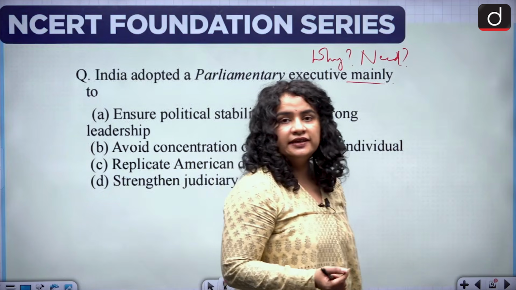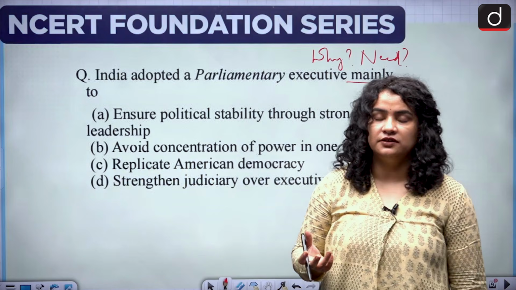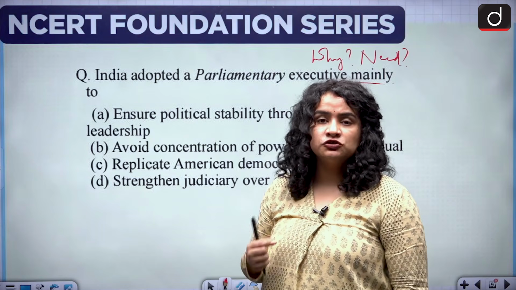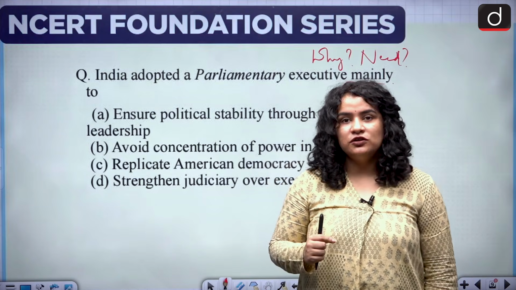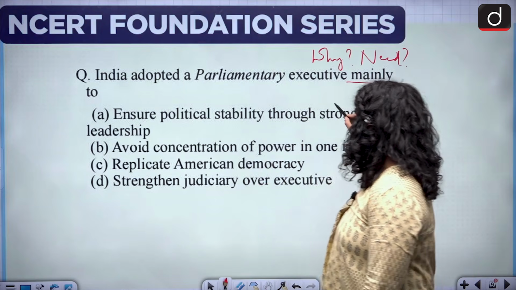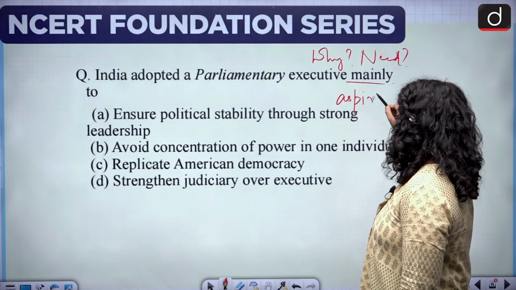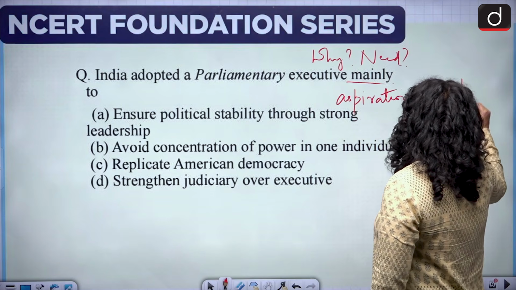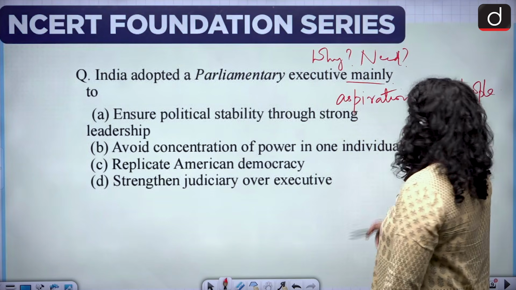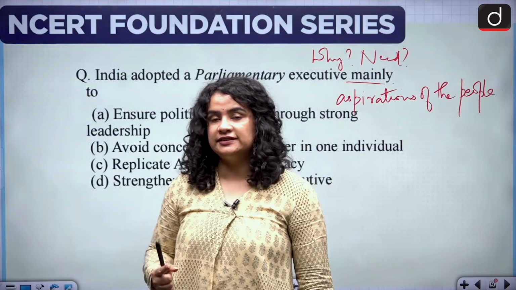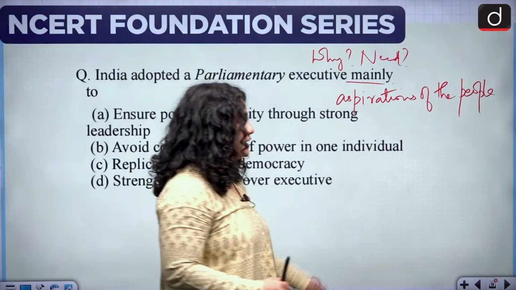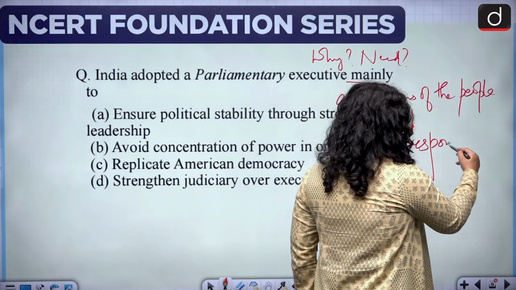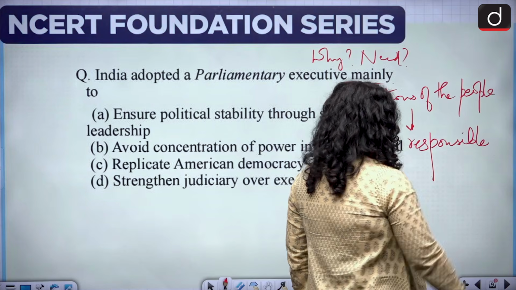Of course, the most important thing is something that we've discussed in the preceding question, that the constitution makers realized that in order to fulfill the needs and aspirations of the people, it was necessary that the executive be strong, but it was more important that the executive be responsible to the people, responsible to the legislature.